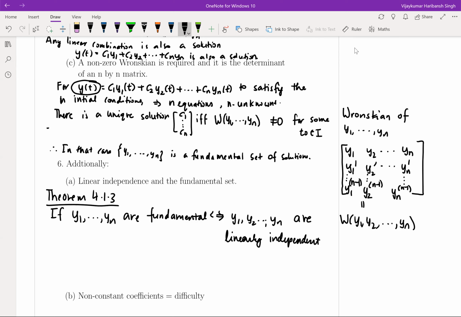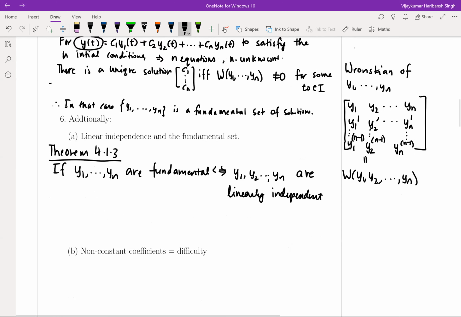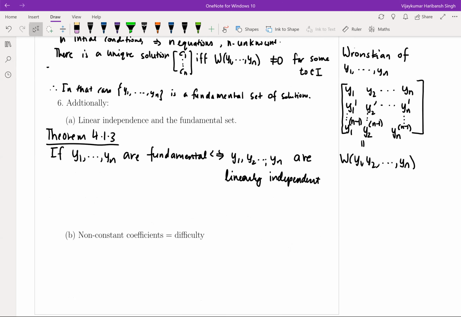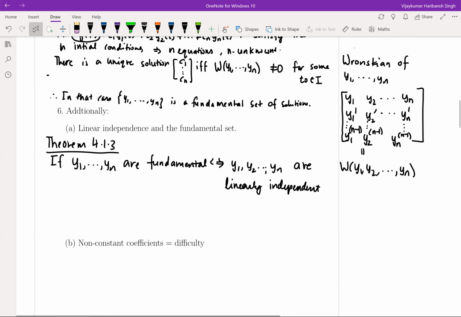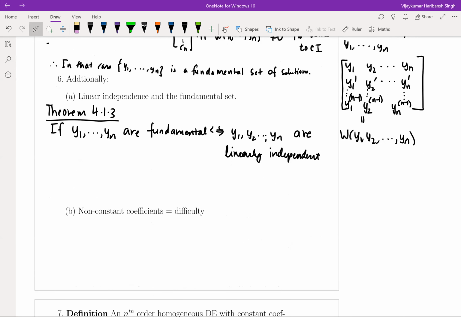So compare this with the idea of the bases for the vector space. Here you are generating the null space of your differential equation, right? Now for non-constant coefficients, it's typically difficult in general, and typically numerical methods are used.